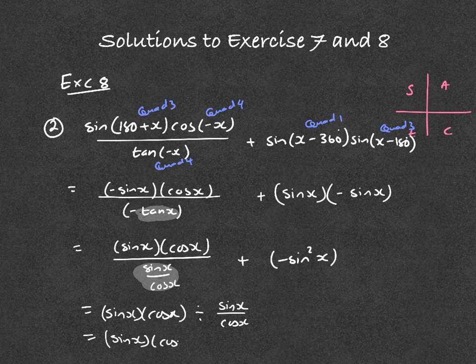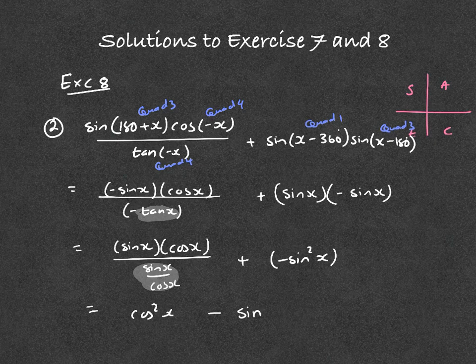And we're going to do trig manipulation a bit later. But if you divide those two, sine x times cos x divided by sine x over cos x, followed by the reciprocal, you'll see the sine x cancels. So therefore that answer is just cos square x. And then we've got plus minus sine square x, which is equal to minus sine square x, and that's the final answer there.